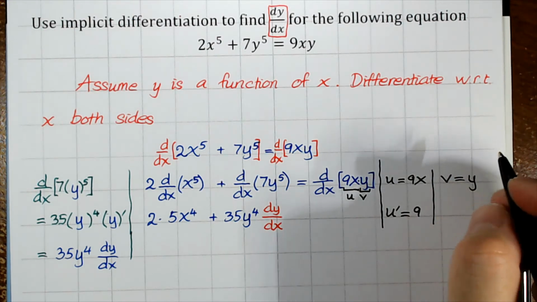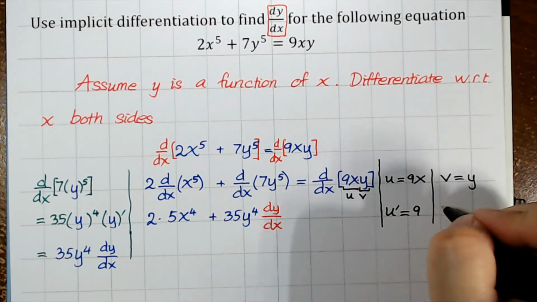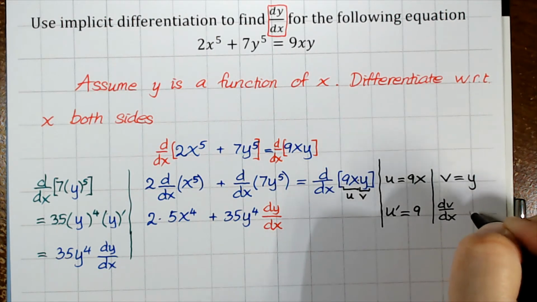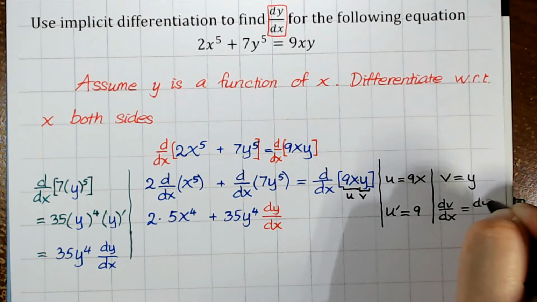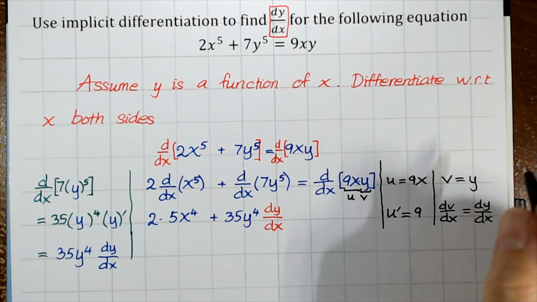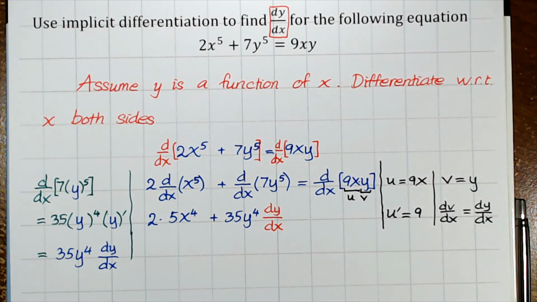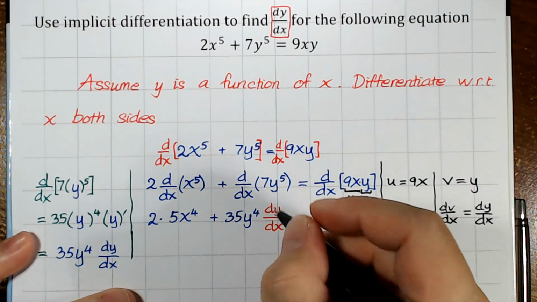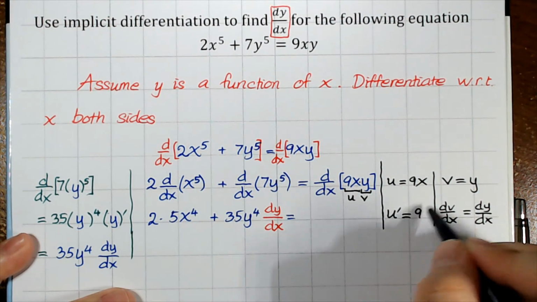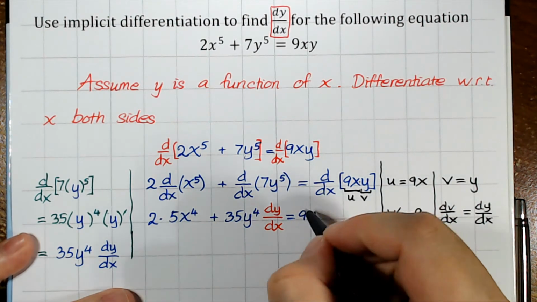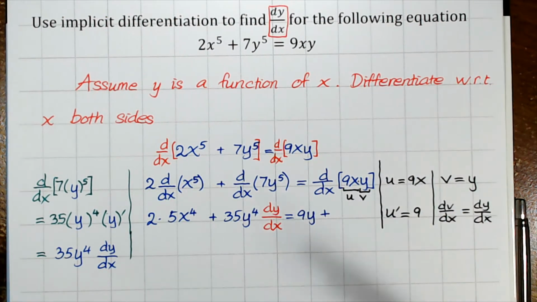We take the derivative. Or we just say this, dv over dx, or v prime, is equal to dy over dx. And that's what we want. So we're going to put that back in u prime v, and then plus u v prime.